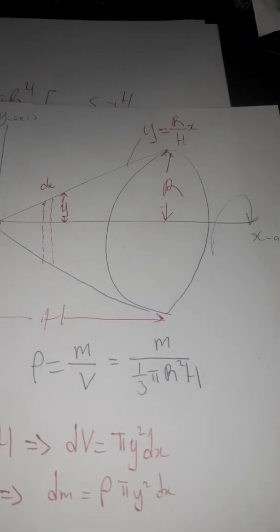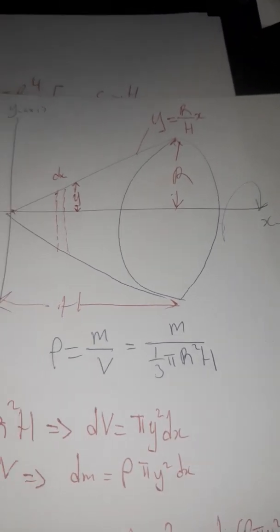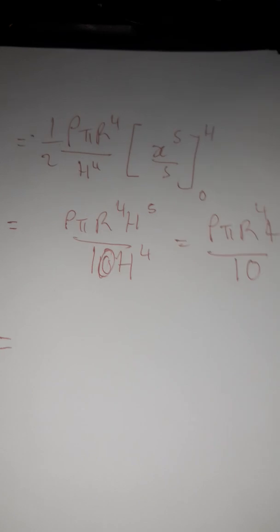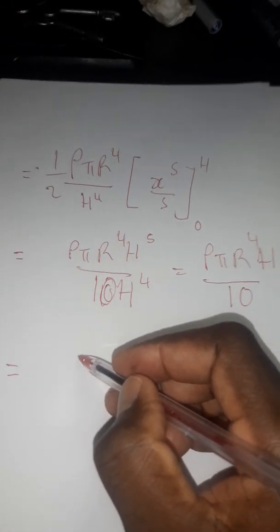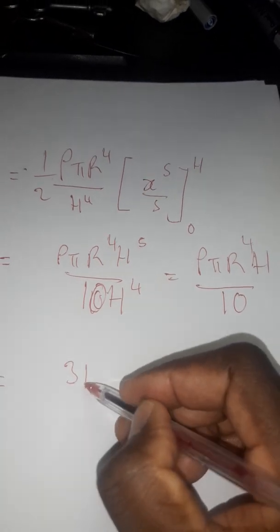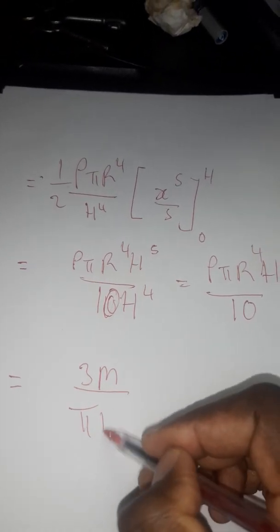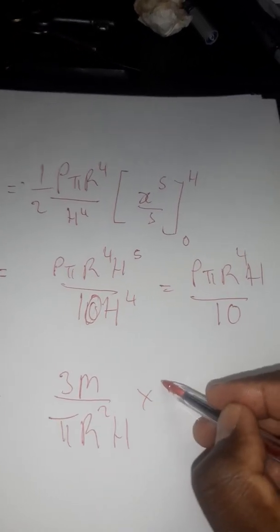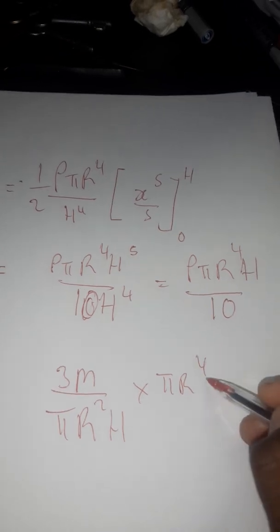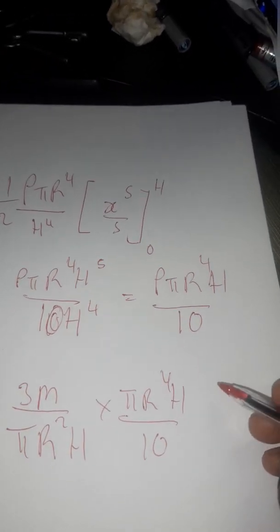We know the density. Remember this density of the cone that we wrote here. We replace it. Now we have 3m over pi r squared h times pi r to the power 4 h over 10.